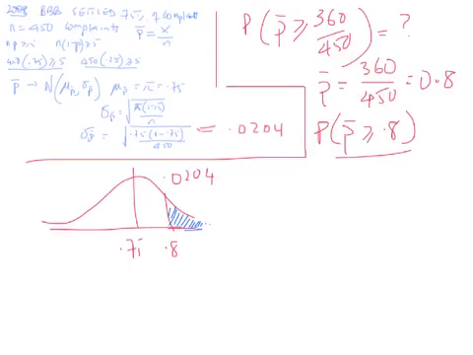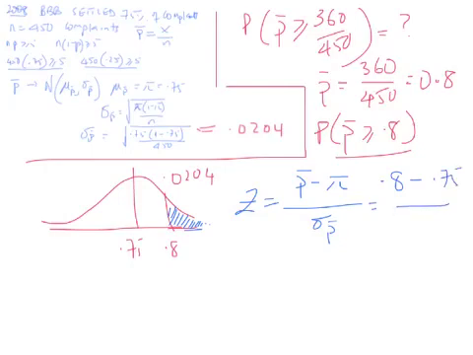So what we do, of course, is we now convert to a standard normal. Z is equal to the sampling error, which is p bar minus pi, over the standard error of the sample proportion. So that is 0.8, which is our sample proportion, minus the population proportion, which is 0.75.